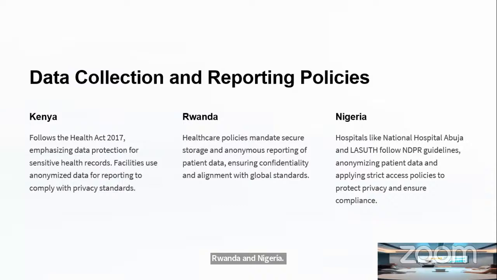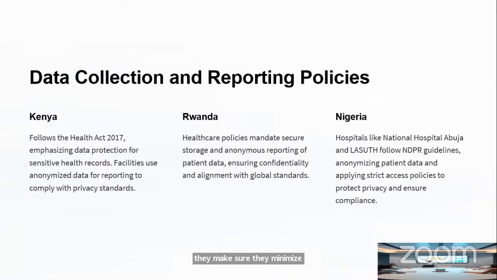In Nigeria, we have examples of the National Hospital in Abuja and the Lagos State University Teaching Hospital that strictly follow the national data policy and reporting guidelines, which specifically look at the confidentiality of clients. And so based on that, they make sure they anonymize all their clients' data.